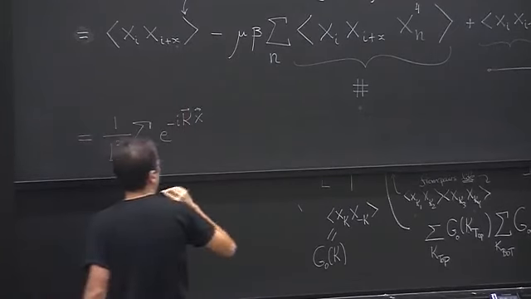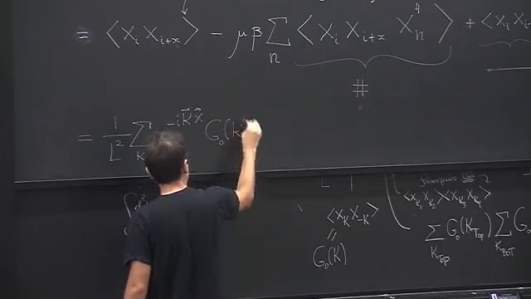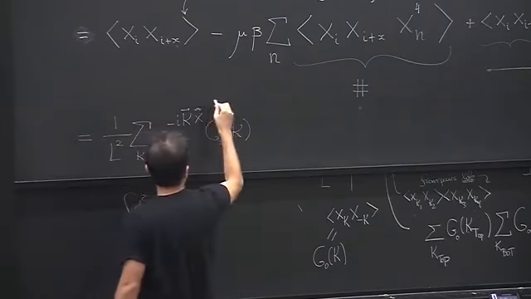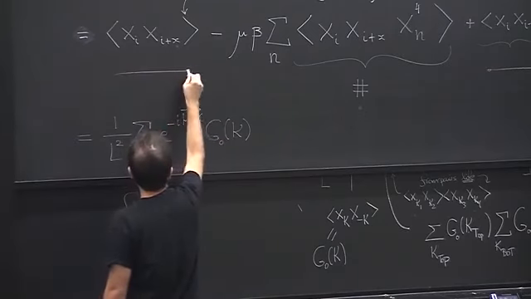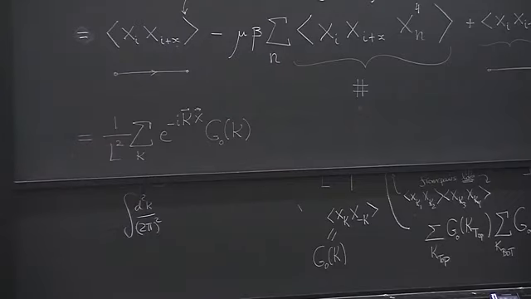That was the first one, times a propagator in Fourier, G0 of k. And that guy we represented as just free propagation. We just said this is a graph where they just propagate. It is just a 2-point function. That was the first term.